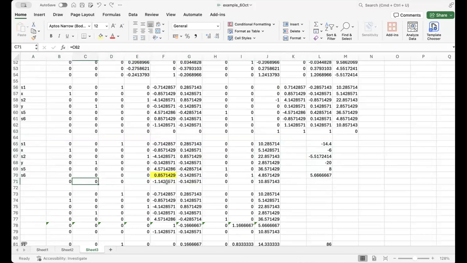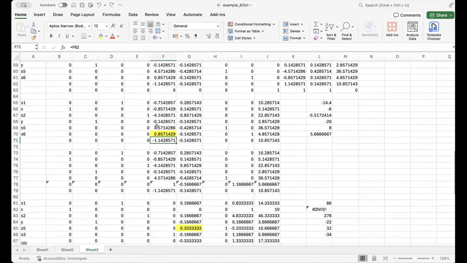Now we consider the objective function. We can further reduce the objective function because we have negative coefficient. This is the most negative, so this is our pivot column, and this is our pivot element.